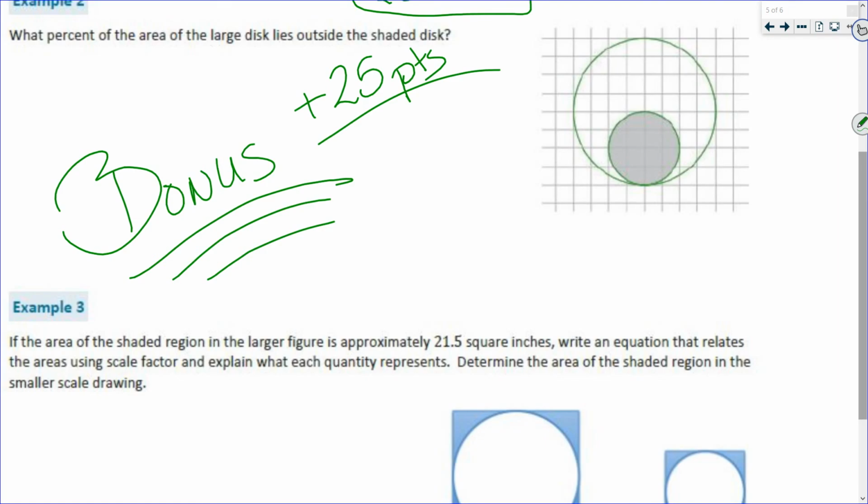If you've been paying attention, if you've been watching everything I did, if you've been listening to everything I've said, then finding the percentage of the area of the large disk that lies outside the shaded disk, you will be able to figure out this answer. So bonus points to the students who get that question right. That means this assignment is worth 125 points if you give me everything done. That's an extra 25 bonus points if you actually do the work.